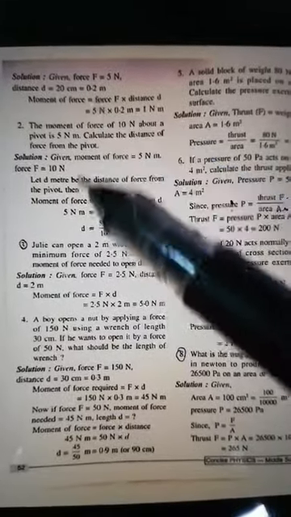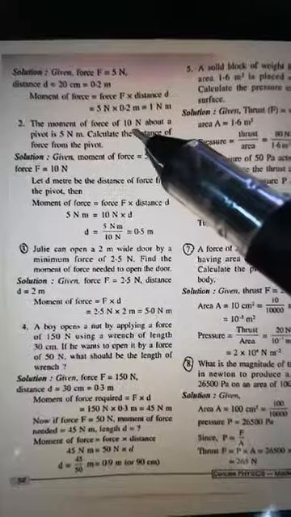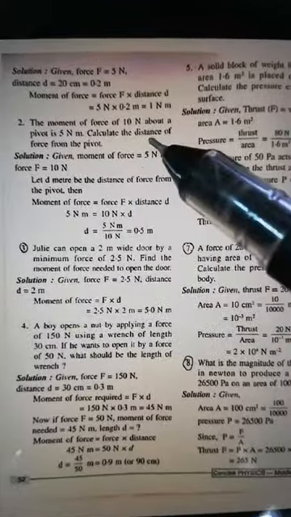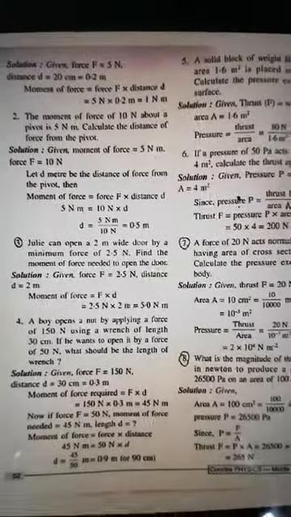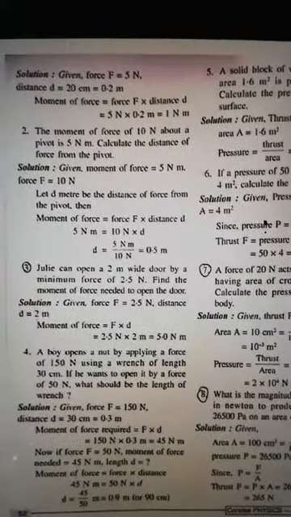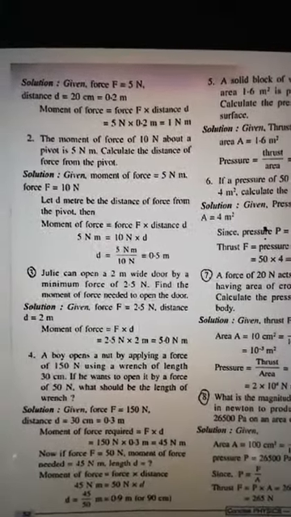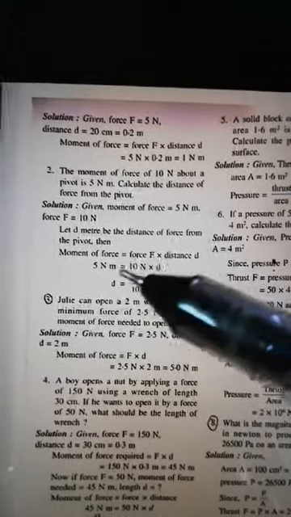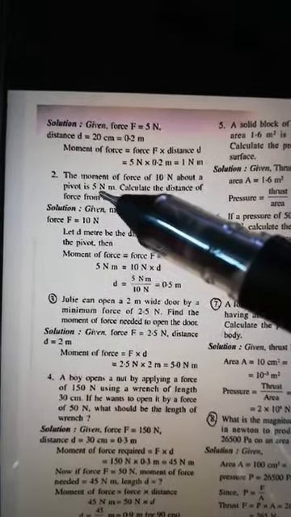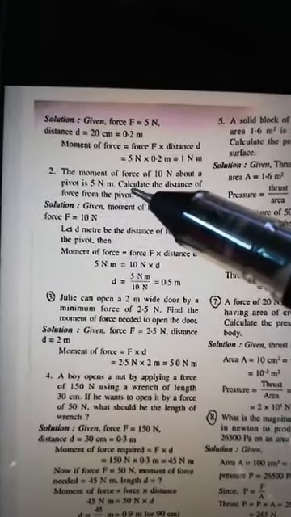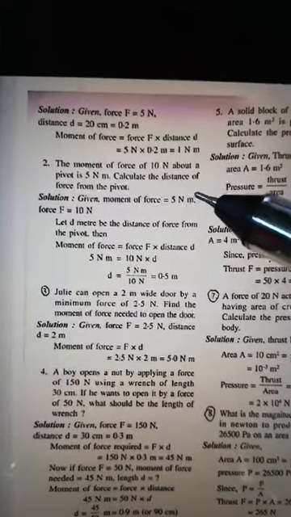Why? Because the values given are the force applied and the moment of force. So using the moment of force formula, I'm going to get the value of the distance of the pivoted area. So let's see. The applied force is given, the moment of force is also given, so I have to find out the distance.